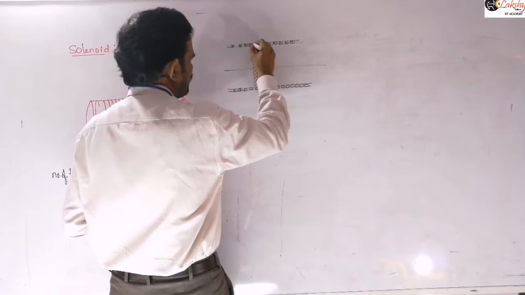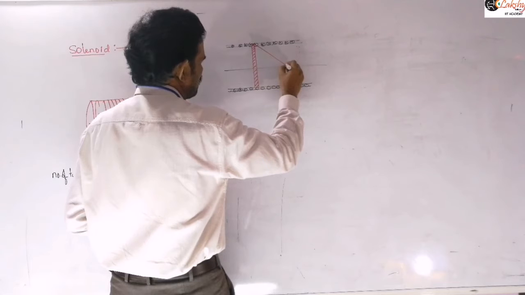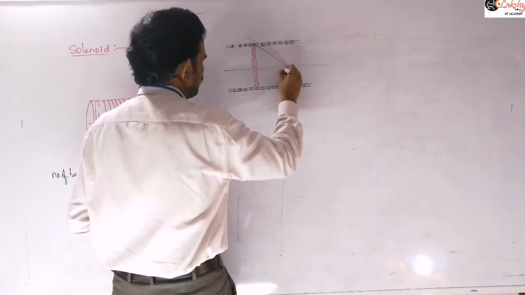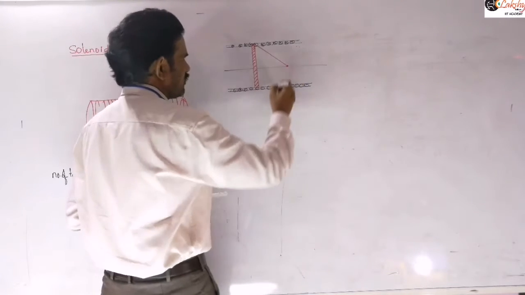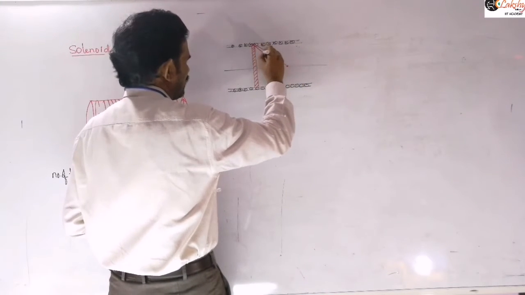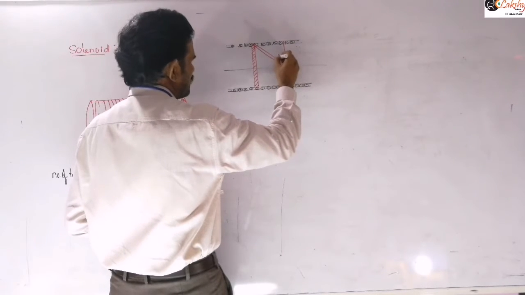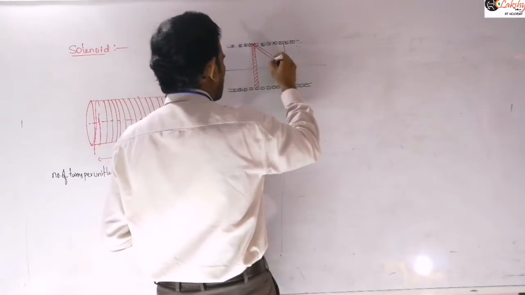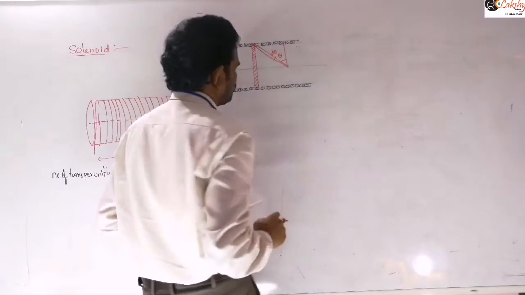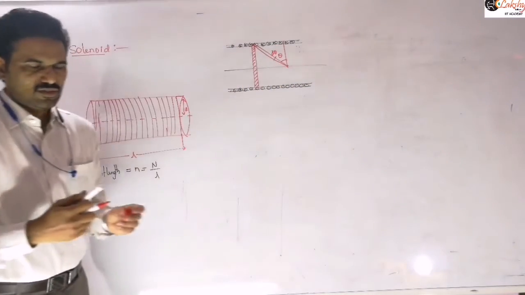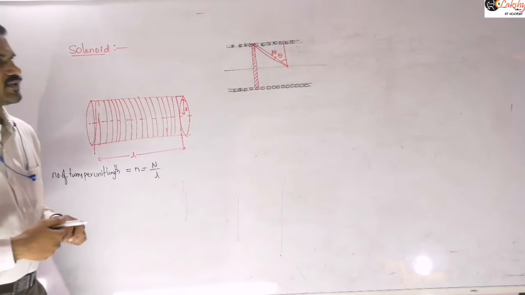Due to this element, first we are going to derive an expression for the field at this point here. This angle is some theta, and you may consider this angle as d theta, for example. That is the angle we are taking there.